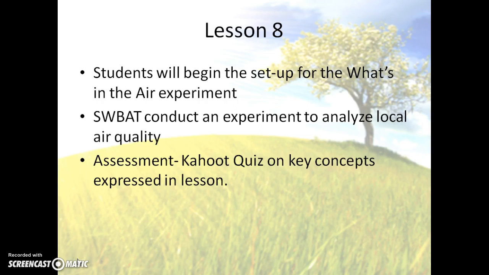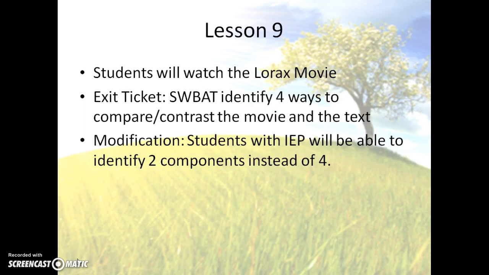In Lesson 8, students will begin the setup for the What's in the Air experiment. Students will be able to conduct an experiment to analyze local air quality. The assessment for this unit is a Kahoot quiz on key concepts expressed in the lesson and activity. In Lesson 9, students will watch the Lorax movie.